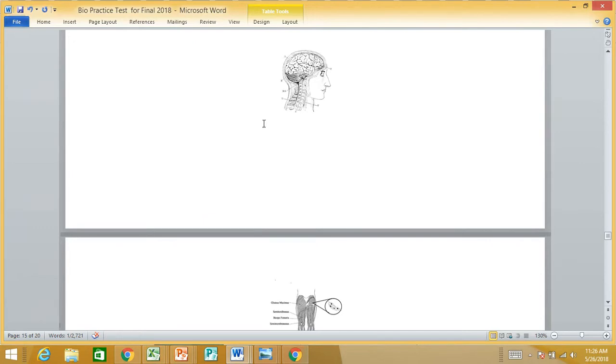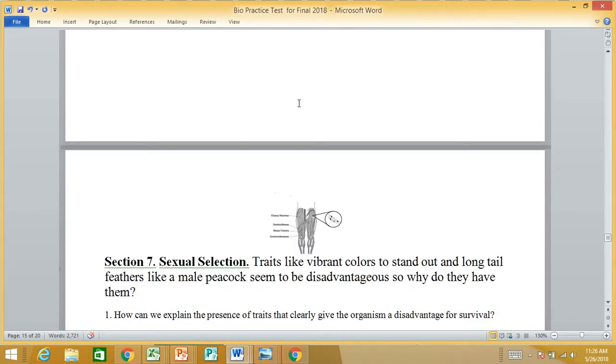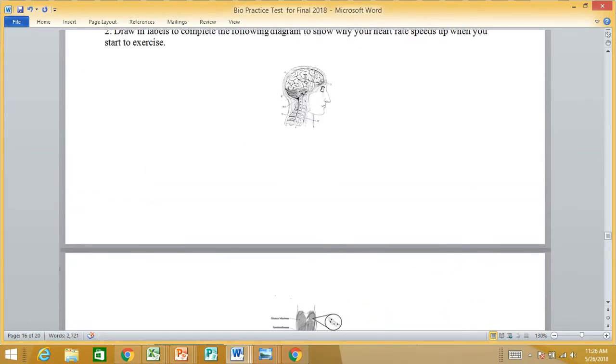And your brain, your medulla, really, picks up on that information, and it then sends a message to the adrenal glands, and they produce hormones. And the hormones go throughout the body, and when they go to the heart, that is the trigger for the heart to start beating faster. And the heart continues to beat faster as long as the hormone epinephrine keeps sending out those messages.